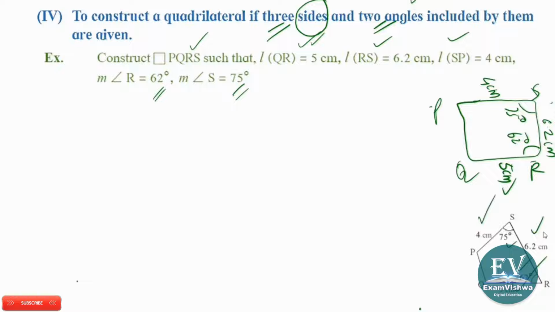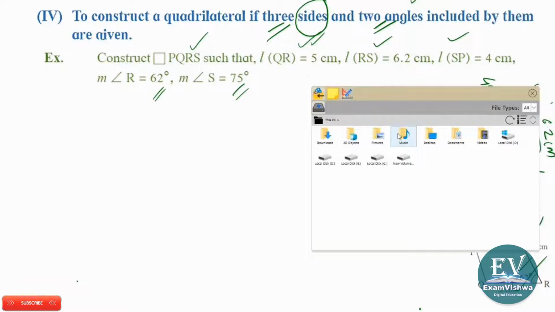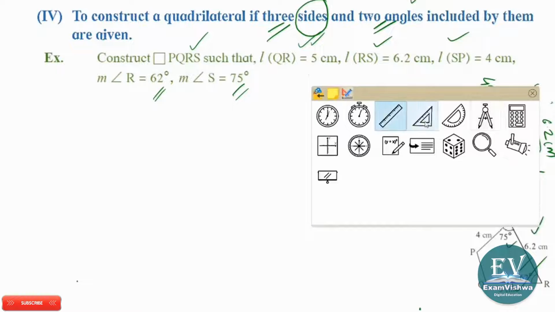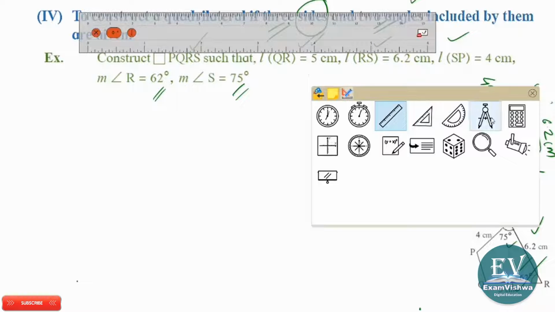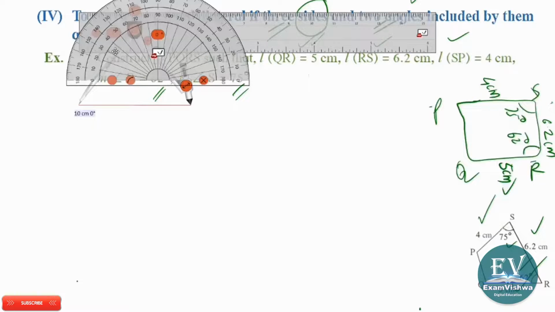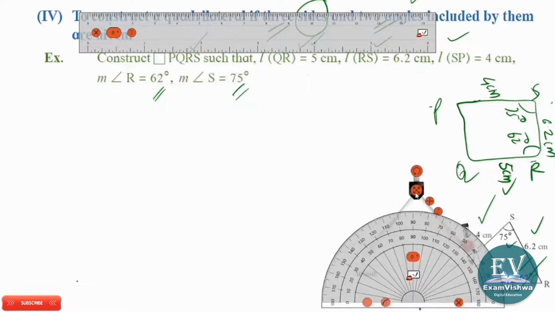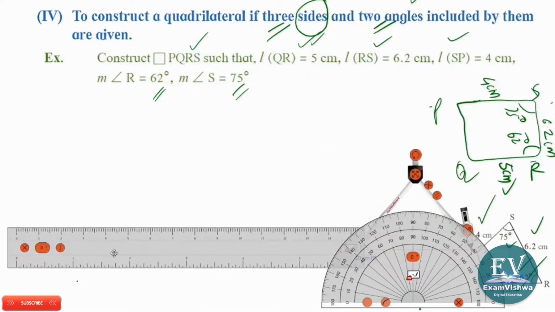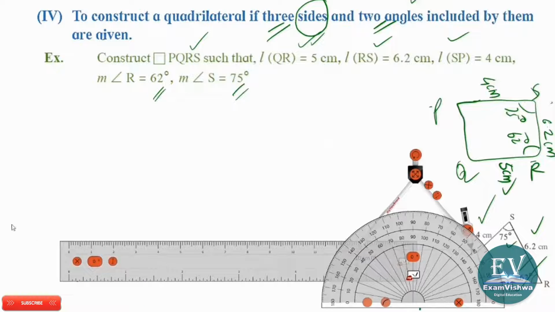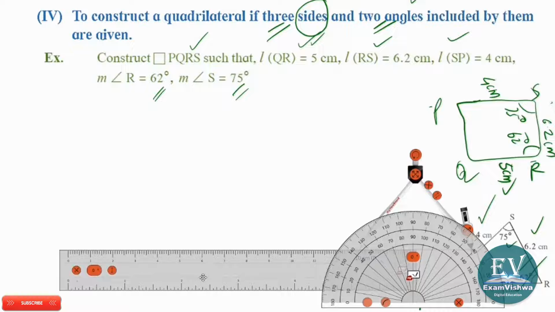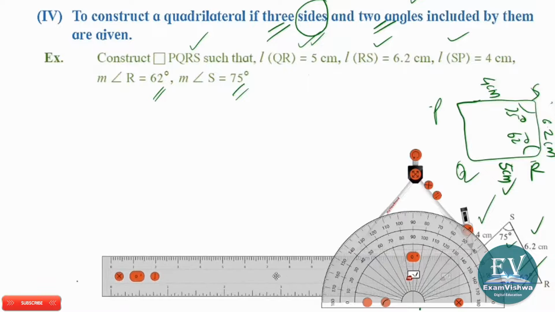We need a scale, compass and protractor for that. On this scale I have to draw the side QR first. QR is equal to 5 centimeter. Okay.